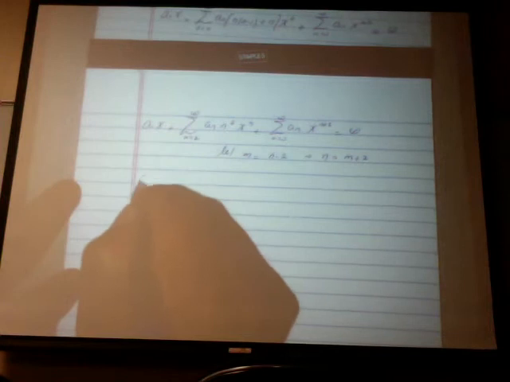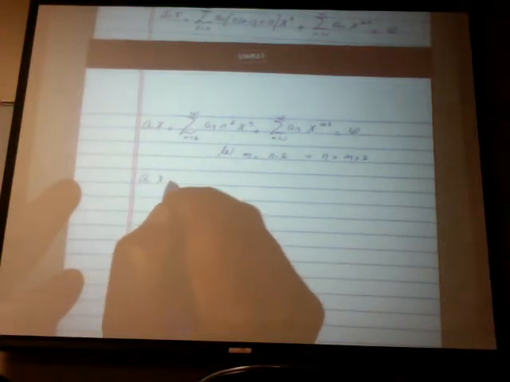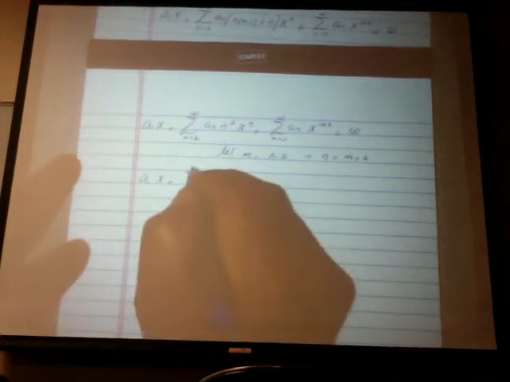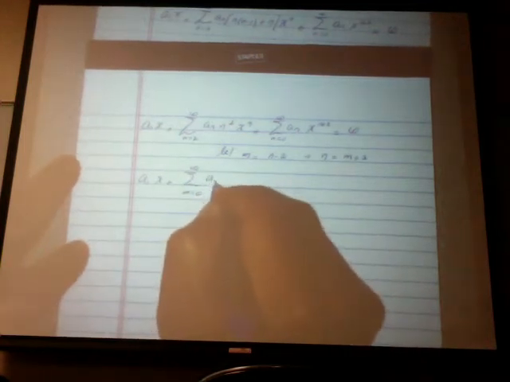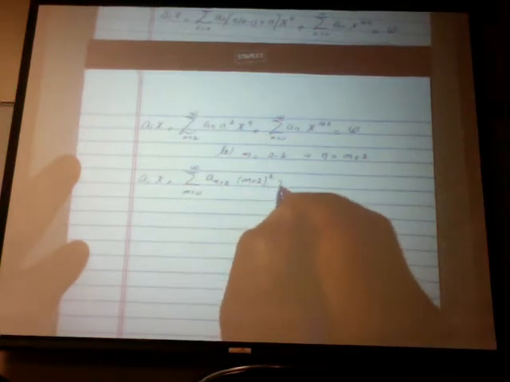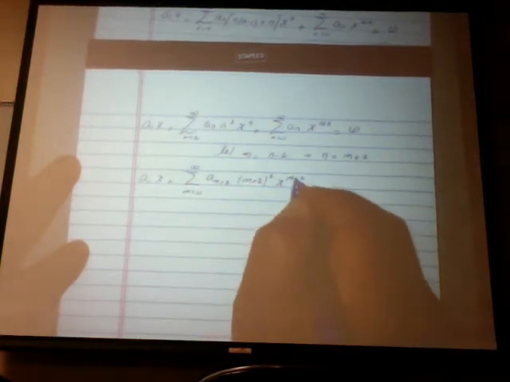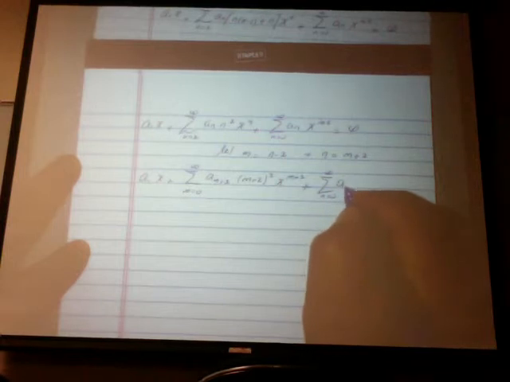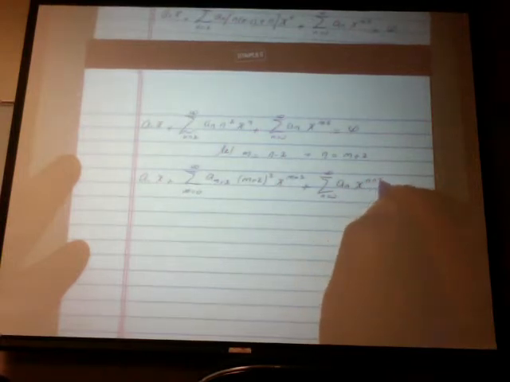So we have a1 x plus the summation from m equal 0 to infinity a m plus 2, m plus 2 squared, x to the m plus 2, plus summation from n equals 0 to infinity, an x to the n plus 2, and that's all equal to 0.